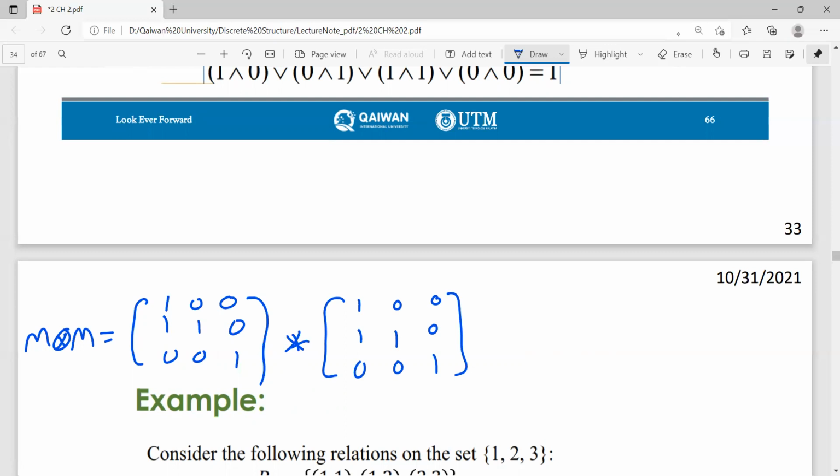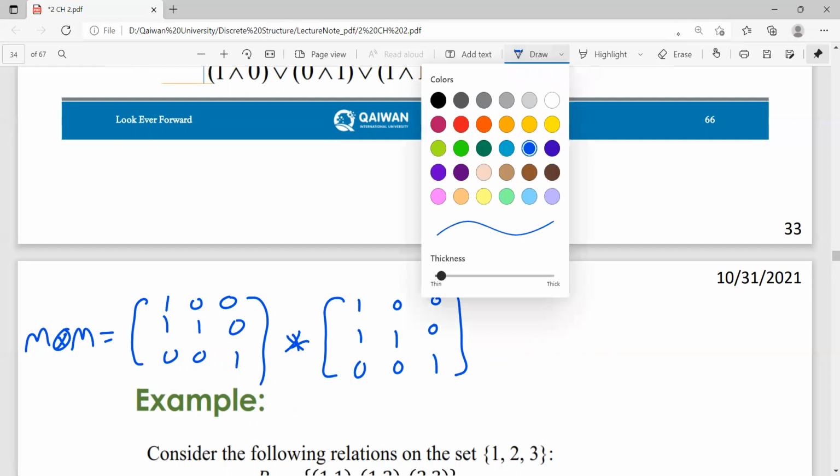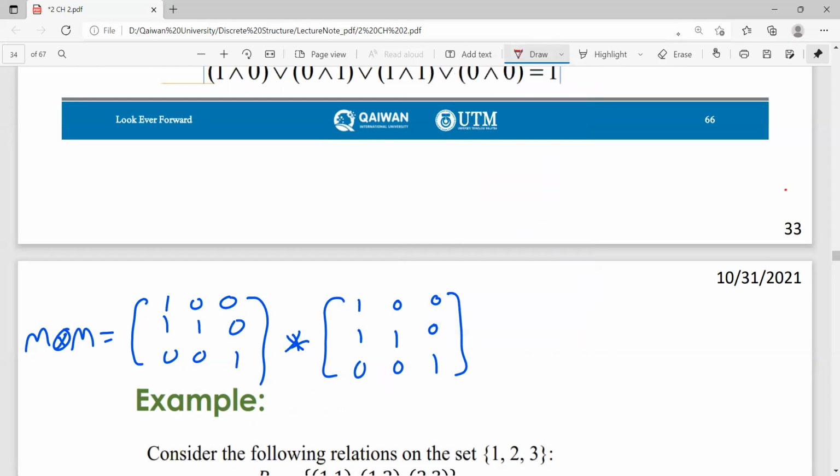How do we do the Boolean product of a matrix with itself? Did you take multiplication of matrices? Here we do the same. We take each row from the first matrix and multiply it by all columns in the second matrix.